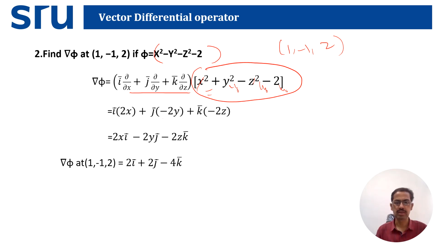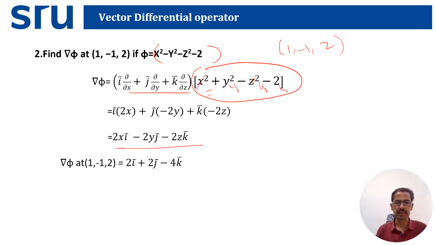This is plus, not minus. So 2y, and k bar with z square gives 2z. The others are 0. So 2x i bar plus 2y j bar plus 2z k bar.